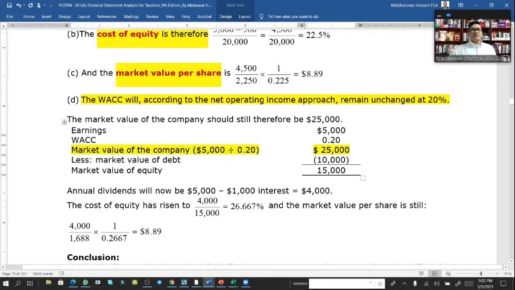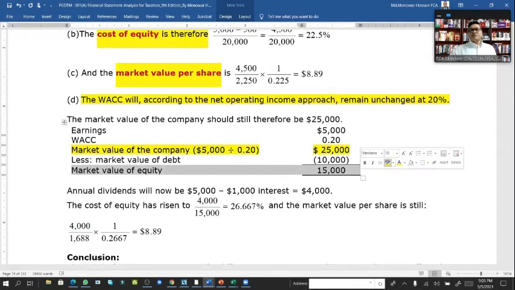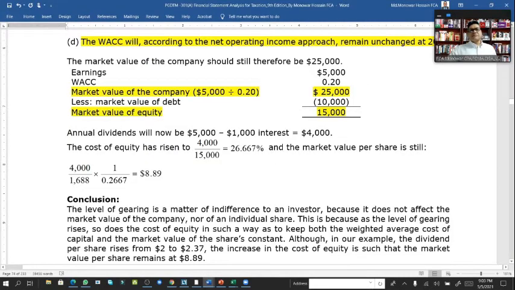So the market value of equity is 15,000. Now the remaining income would be only 4,000. How? Because from the 5,000 earnings we deduct 1,000 interest, since 10,000 debt multiplied by 10% is 1,000. 5,000 minus 1,000 gives 4,000 in earnings.